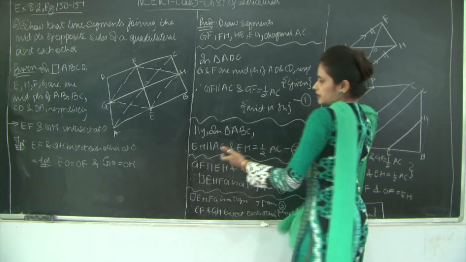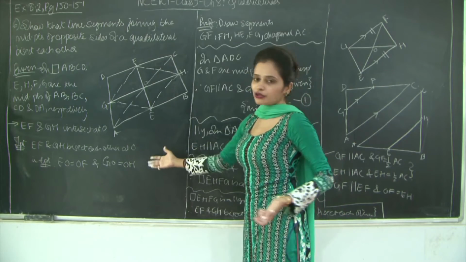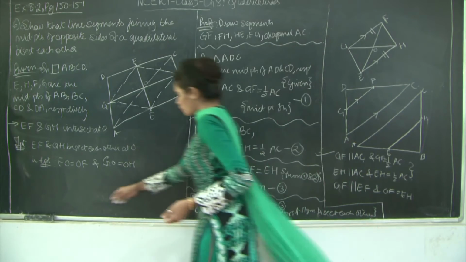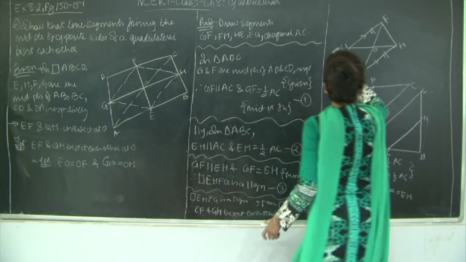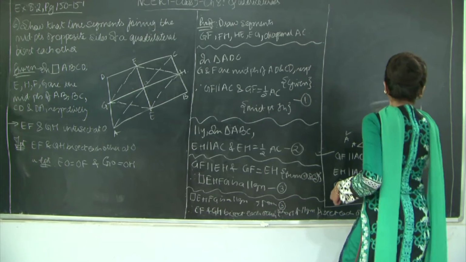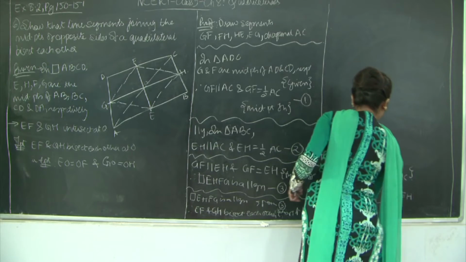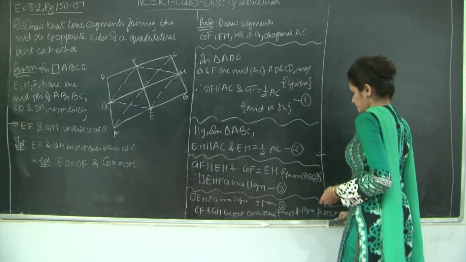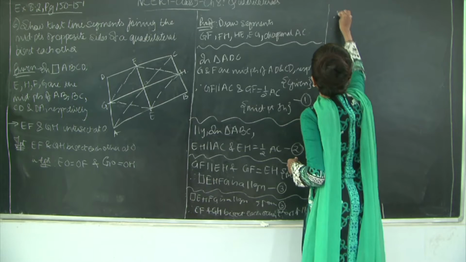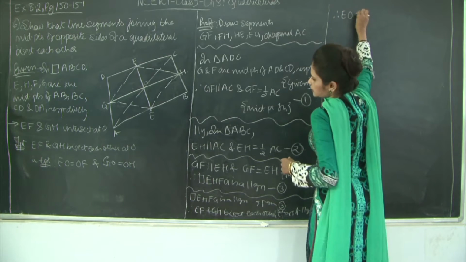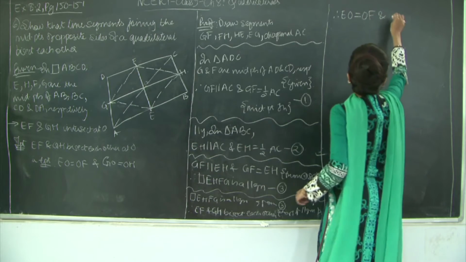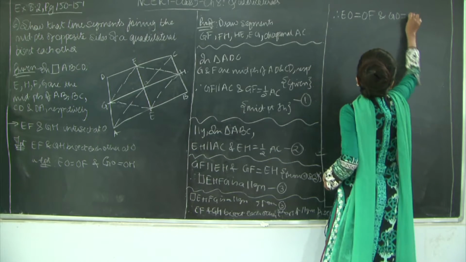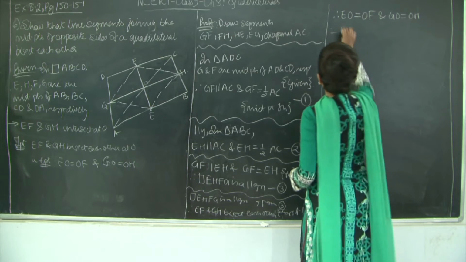That is, EO is equal to OF and GO is equal to OH. Although it is sufficient to prove either of these, let's write down and complete our proof. Therefore, EO is equal to OF and GO is equal to OH. Hence proved.